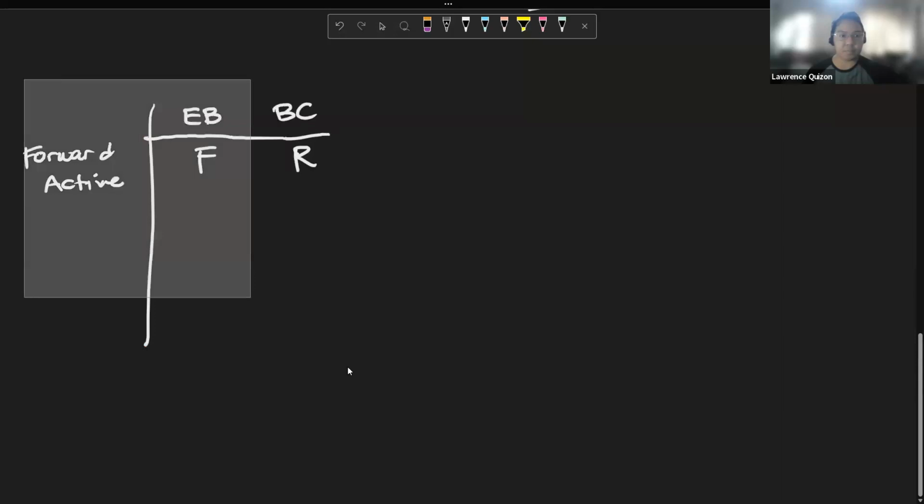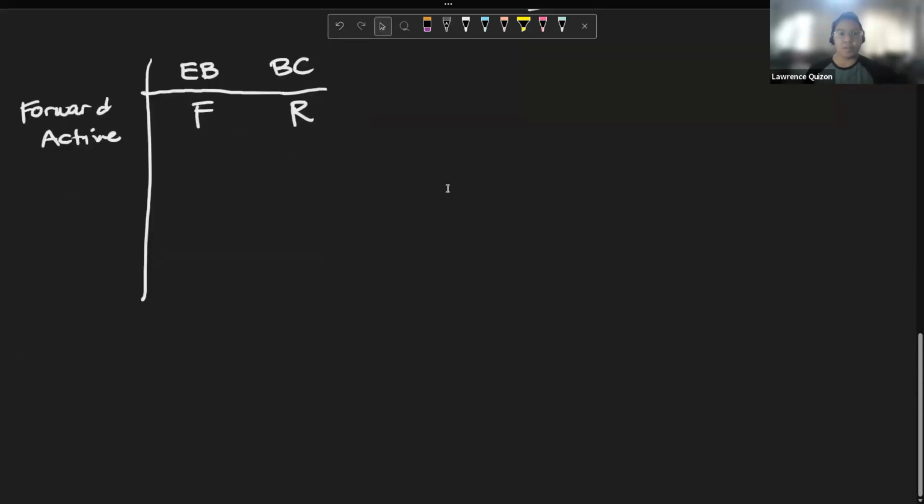All right? So next, let's talk about cutoff, no? In cutoff, yung EB junction natin is reverse bias and yung BC junction natin is also reverse biased.